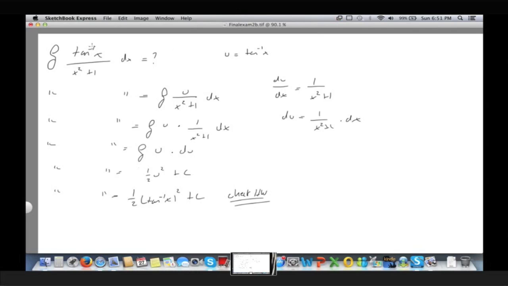We don't know the antiderivative of inverse tangent of x. And even if we did, it wouldn't help us because it's all tangled up with the x squared plus 1. Good. So use substitution, and the derivative of inverse tangent of x is 1 over x squared plus 1.